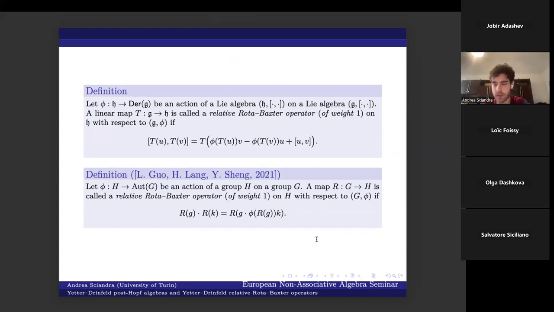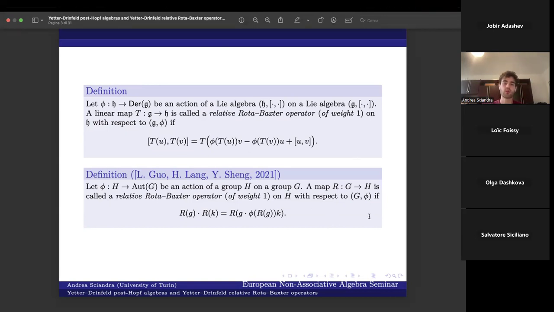I also put here the more recent definition of Rota-Baxter operator on a group, because we will use it at a specific point, but we are more interested in the one regarding Lie algebras. And I will say relative Rota-Baxter operator always meaning of weight 1. So first, let us recall the definition.